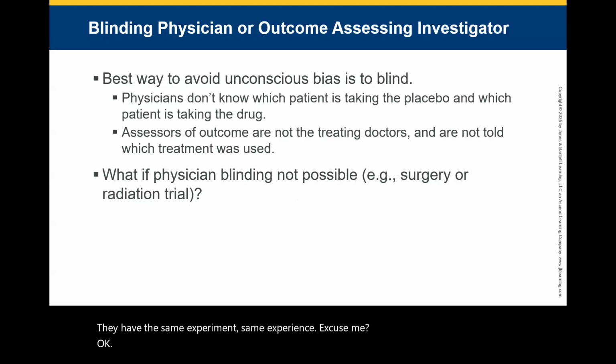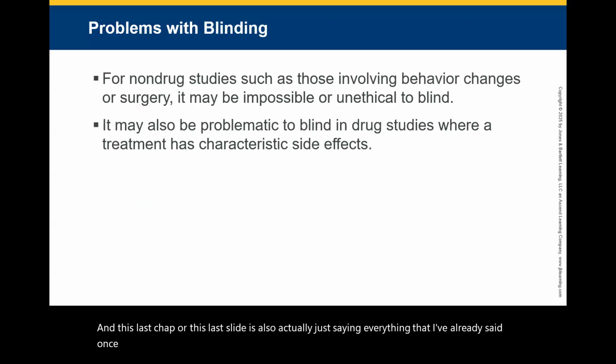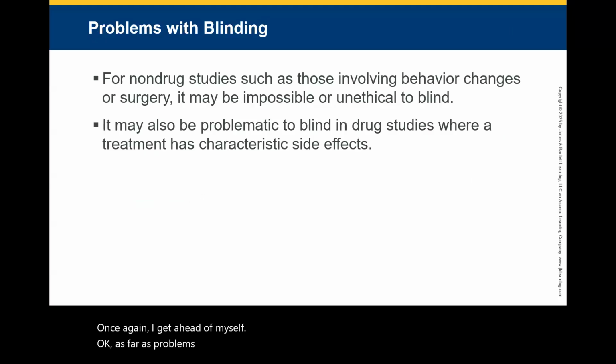And this last slide is also actually just saying everything that I've already said. Once again, I get ahead of myself. Okay. As far as problems with blinding, in some studies that are non-drug, they involve behavioral changes or surgery, so it might be unethical to blind.